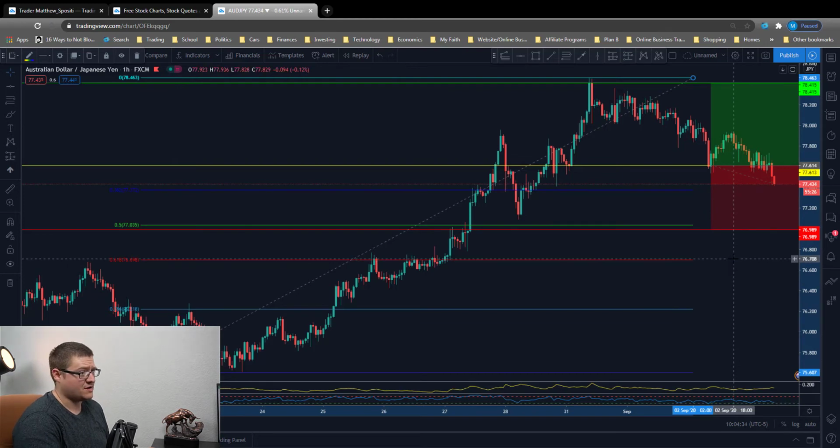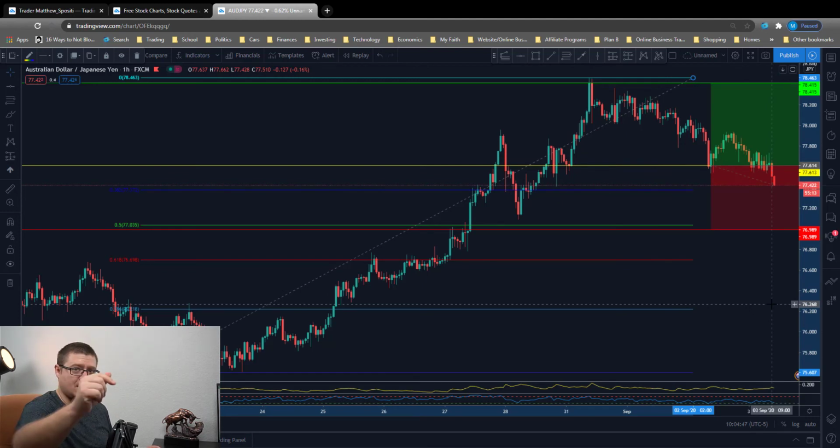If this is a very strong trend, then odds are the market is only going to move to the 382 fib retracement level and then rally from there. That is a very strong trend in my book. The way that I view the markets, if the market comes down to a 382 and then rallies, that is a strong trend. If the market comes down to a 618, it's not a super weak one, but it's also not a strong trend in my book.